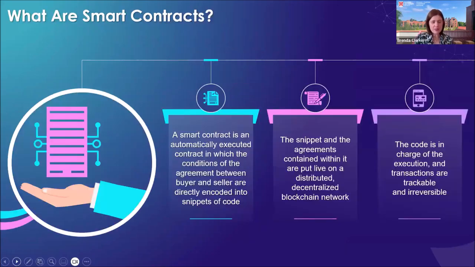Okay, I mentioned smart contracts, and these are really gaining momentum within the blockchain world at the minute. So what are they? It's noted there, it's an automatically executed contract in which the conditions of the agreement between the buyer and seller are directly encoded into snippets of code. So again, taking a step back from that, a smart contract is where you have a traditional contract, like we're all used to, a paper version of contract, you might sign it off, or a digital form and sign it off with all the terms and conditions.